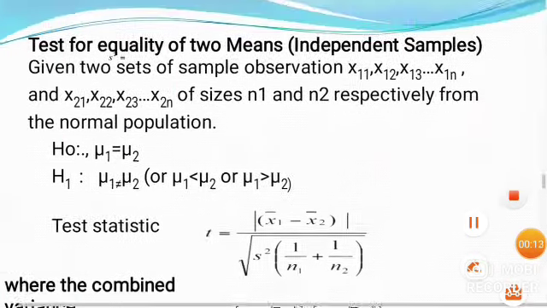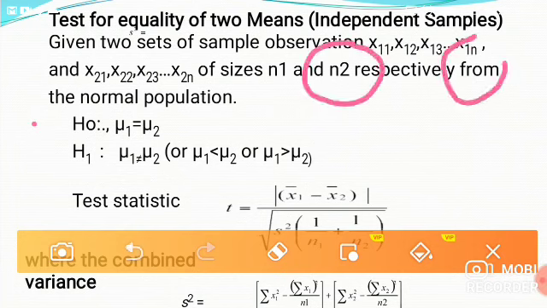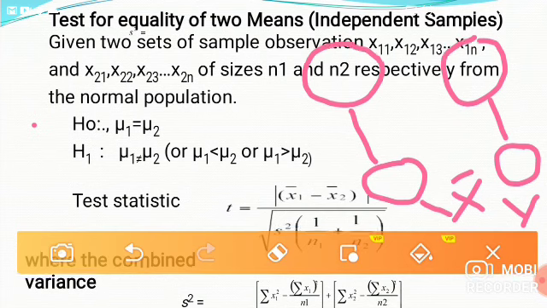If we draw two samples from two independent populations, we draw one sample from one population, with its mean x bar, and from another population we draw one sample, with mean y bar.